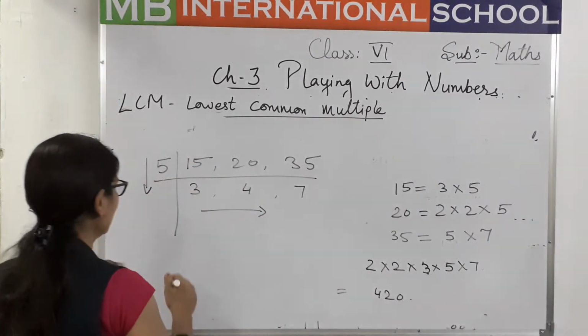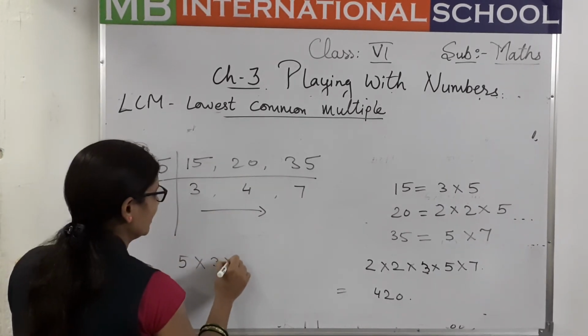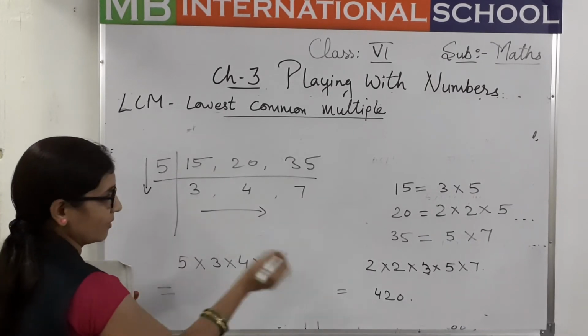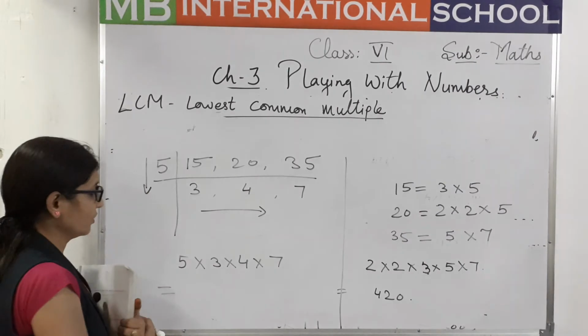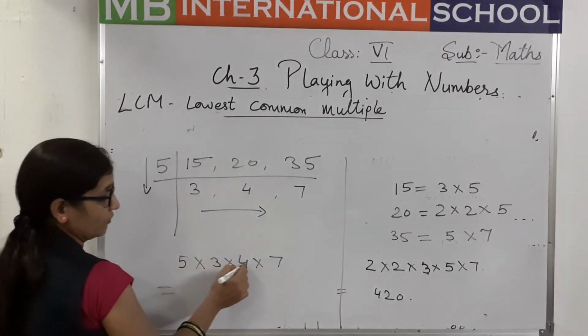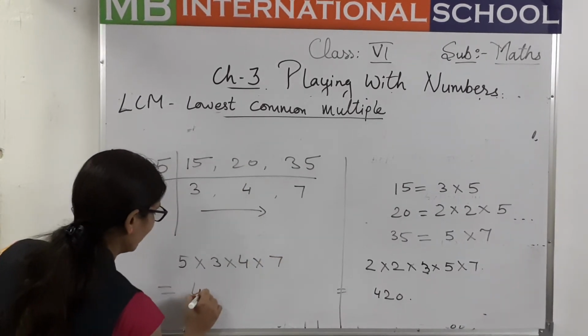That is, let's see, 5. These are the factors. Multiply by 3, multiply by 4, multiply by 7. Just now we have done it by the prime factorization method. Now children, we are doing it by the division method. So in the division method, 5 3s are 15, 15 4s are 60, 60 7s are 420.